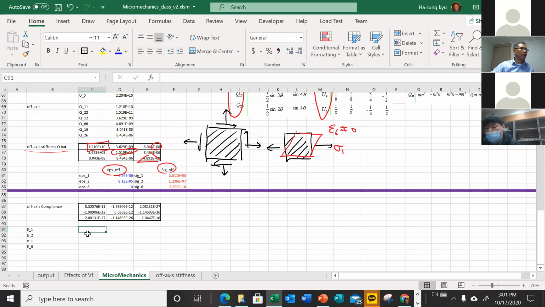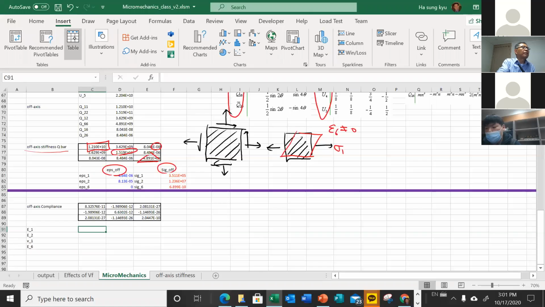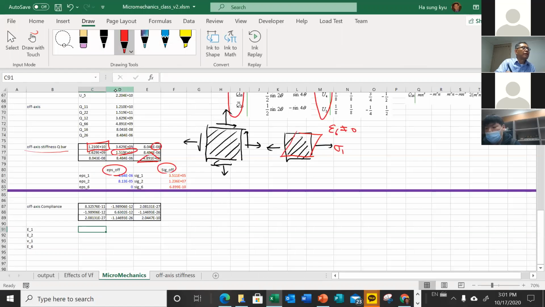And this term, I'll write down. This one, this is the sigma bar and Q bar and epsilon bar. Now, here epsilon bar equals S bar times sigma bar.